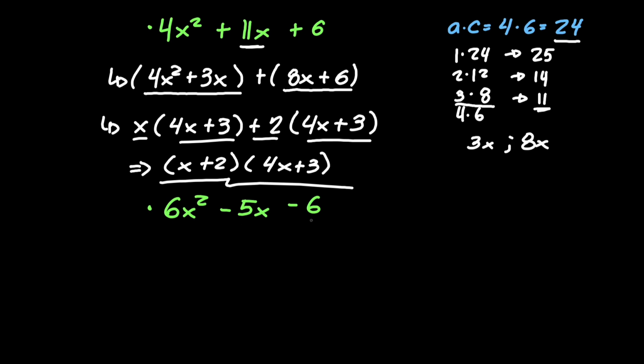Six x squared minus 5x plus 6. Let's multiply a times c, which would be 6 times negative 6, which is negative 36. And now, find multiple factors of negative 36 that will add to negative 5.